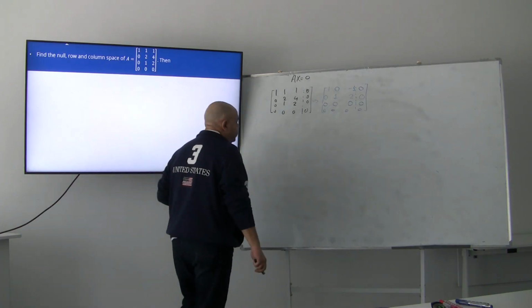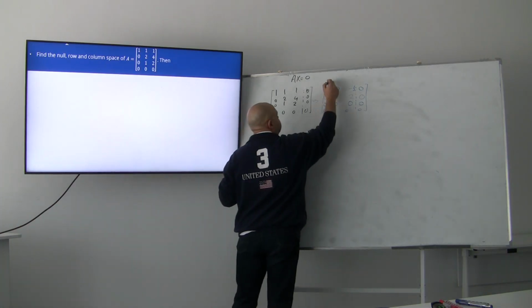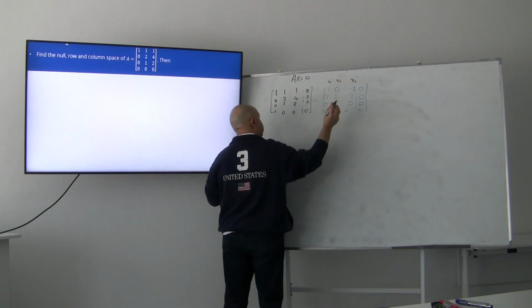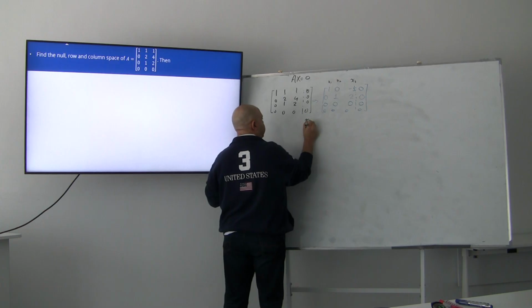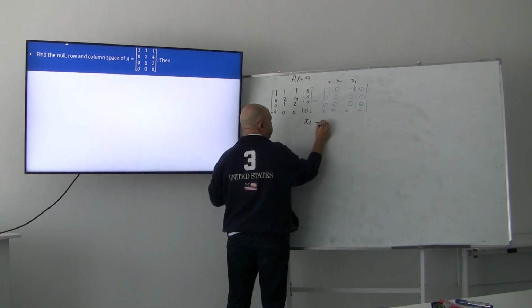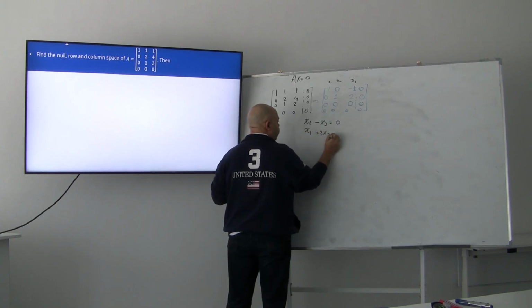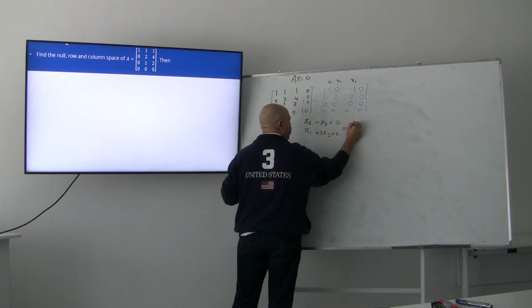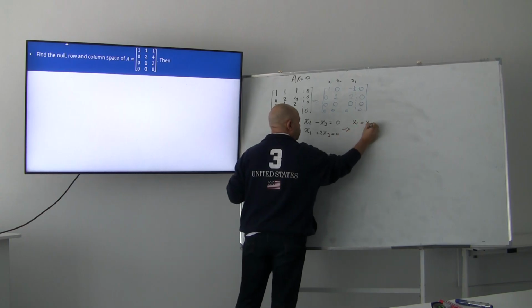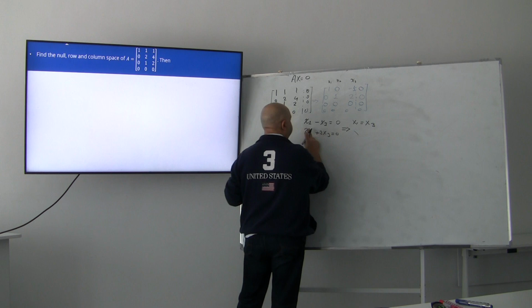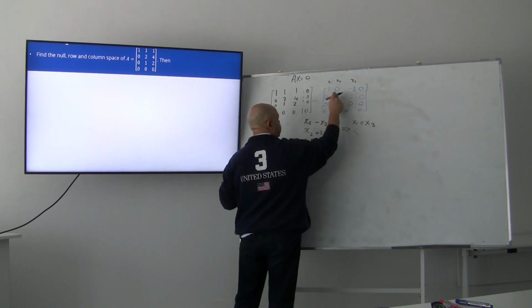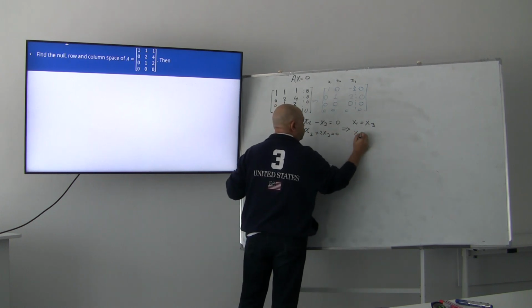Now I can find the relation between x1, x2, and x3, and from it I can extract the null vector space of A. Let's expand it. It's going to be x1 minus x3 equal to 0, then x2 plus 2 times x3 equal to 0, and this will lead to x1 equal to x3, and x2 will equal -2 times x3.